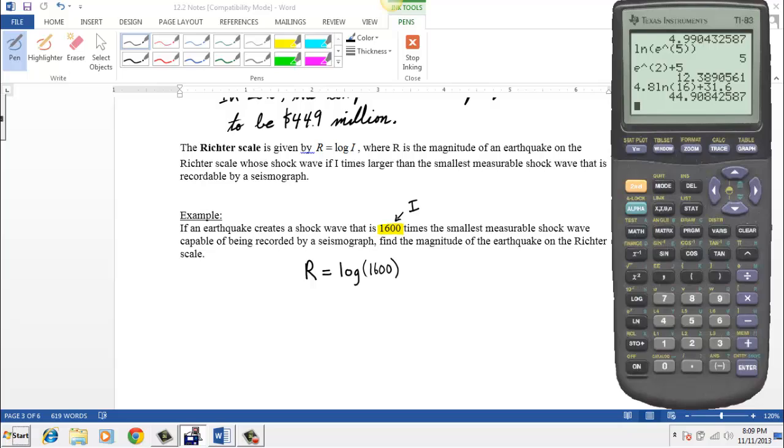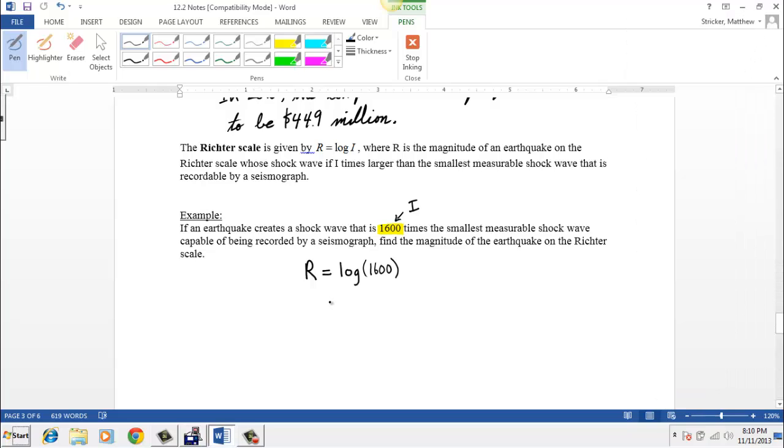So we can calculate that. That's the common logarithm of 1600, which is about a 3.2 on the Richter scale. So this is a 3.2.